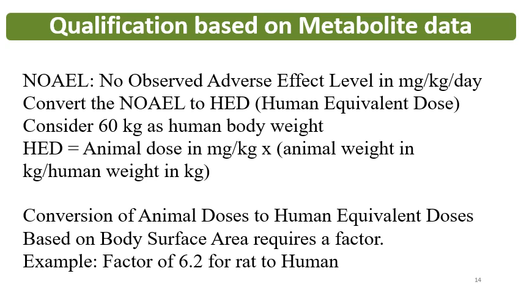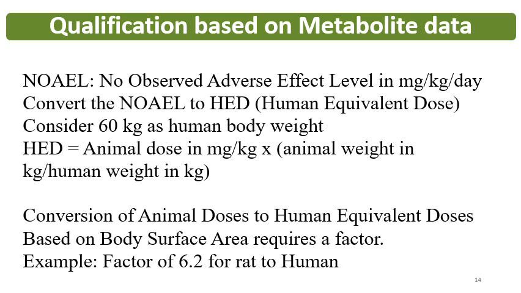So NOAEL is the no observed adverse effect level in mg per kg per day for the animal. Now convert the NOAEL to HED, that is the human equivalent dose, and consider 60 kg as a normal adult human body weight.